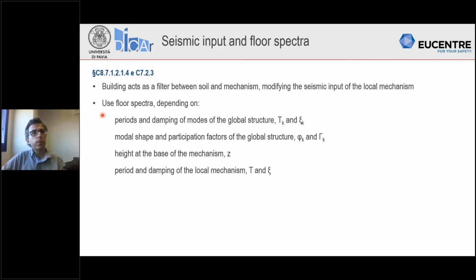So you will have to represent the input using the floor spectra, which depend on several parameters: the periods and the damping of the modes of the global structure, the mode shapes and the participation factors of the global structure, the height of the base of the local mechanism to be considered, and the period and damping of the local mechanism.